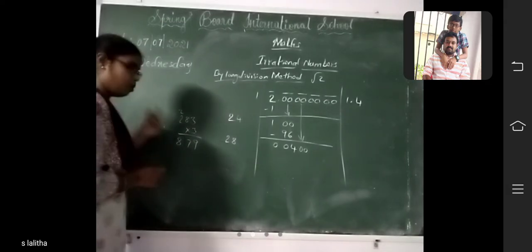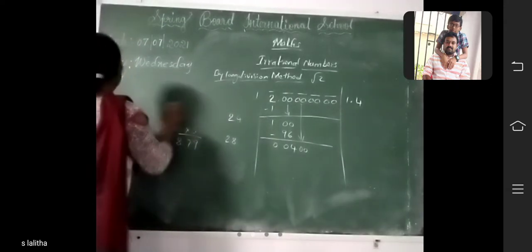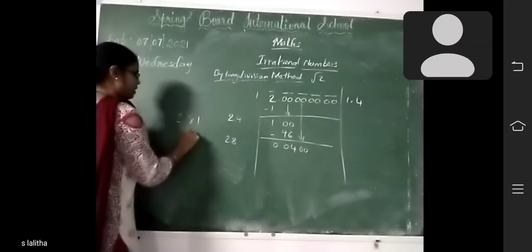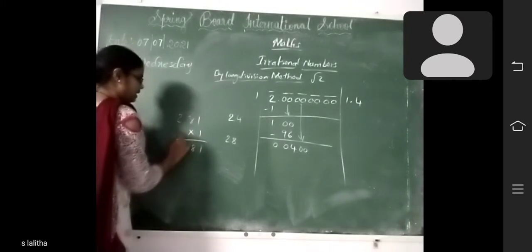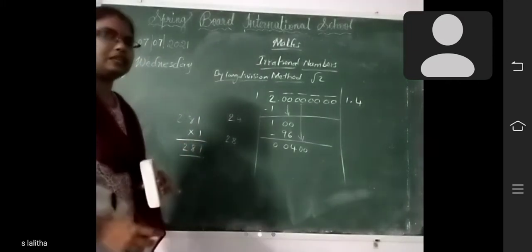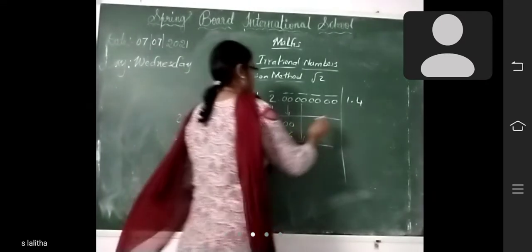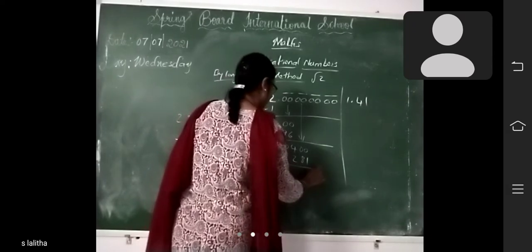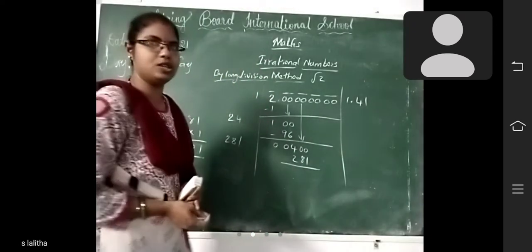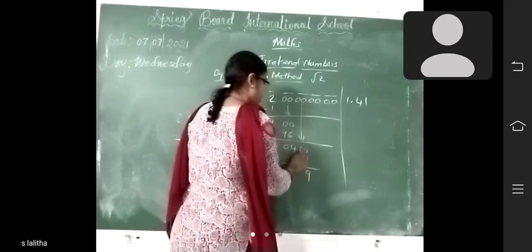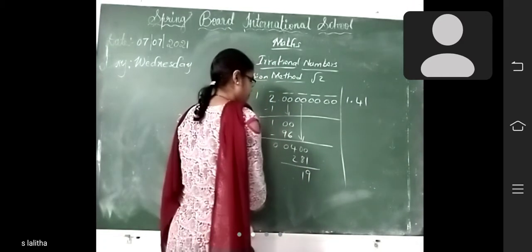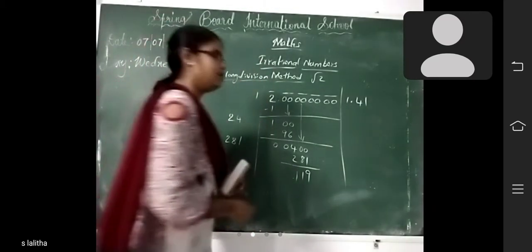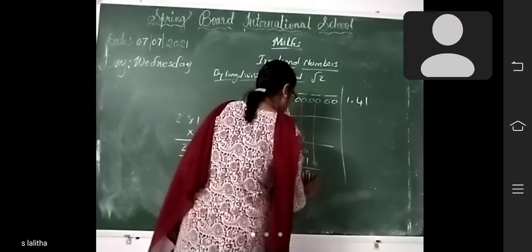It will be more. So that's why we have to take 28 into 1: 1 1 1, 1 8 8, 1 2 2, that is 281, one time. So 10 minus 1 is 9, 9 minus 8 is 1, 3 minus 2 is 1. 190. Now bring down two zeros.